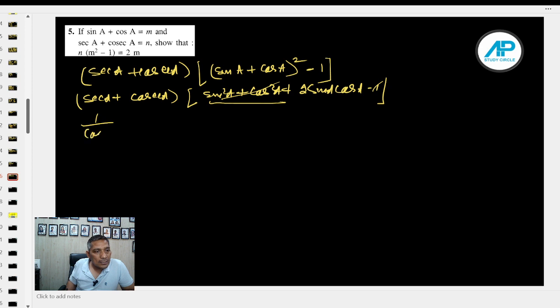Sec a is 1 upon cos a, 1 upon sin a, and this is simply 2 sin a cos a. LCM here.